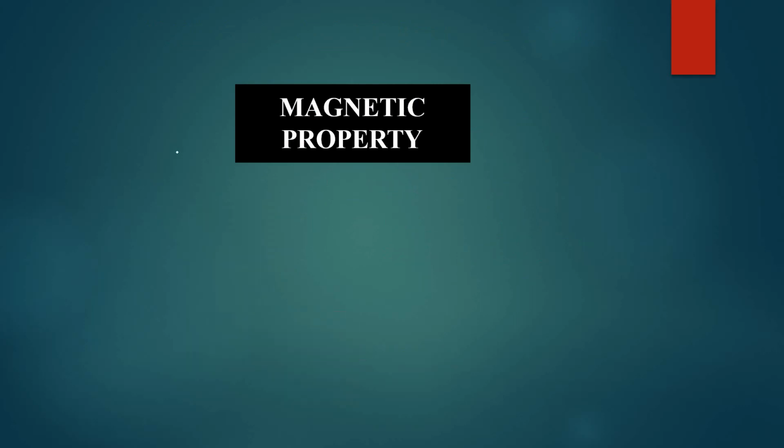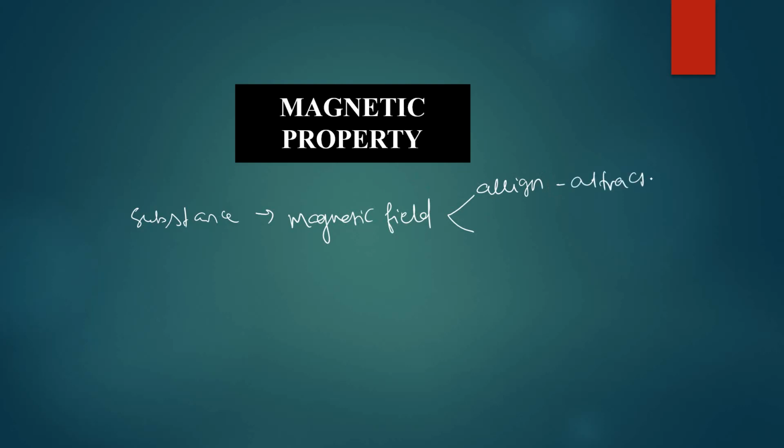When a substance is subjected to a magnetic field, there are two possibilities. One, it can align or be attracted towards the magnetic field, or it will be repelled by the magnetic field.